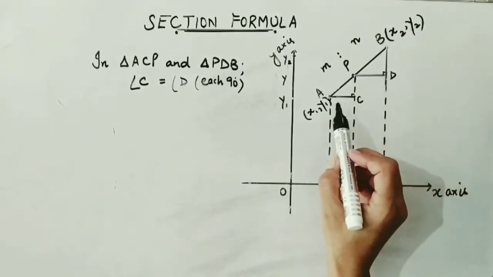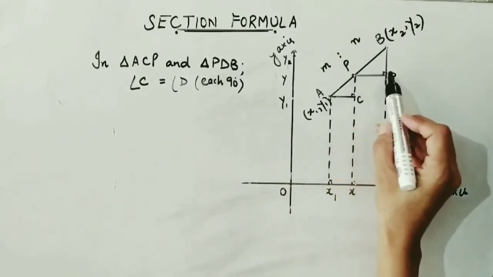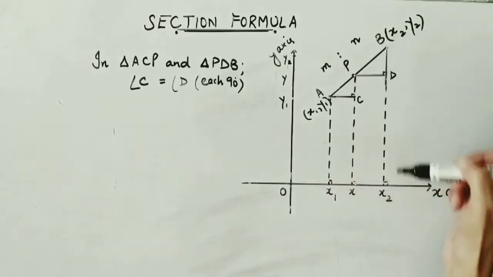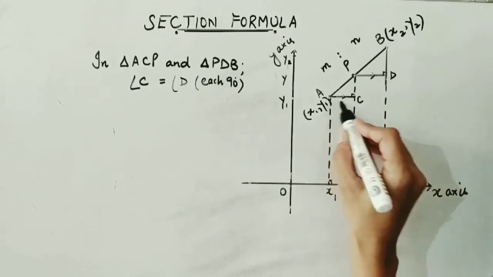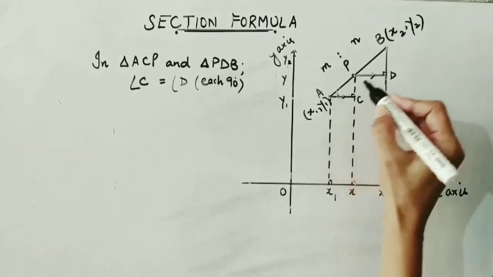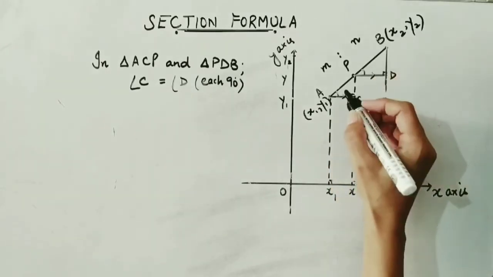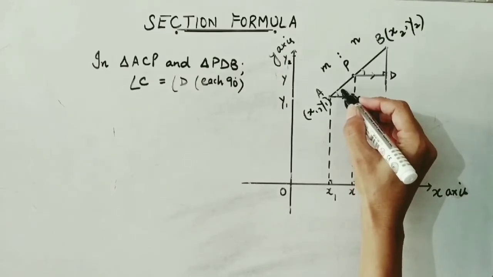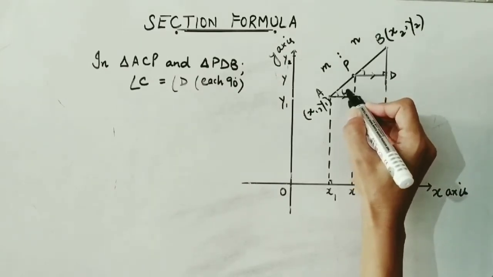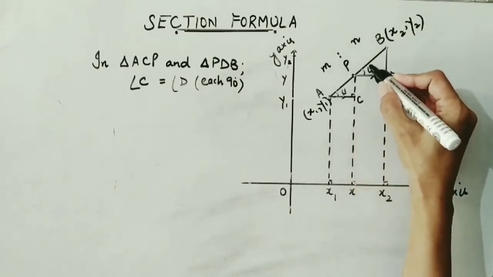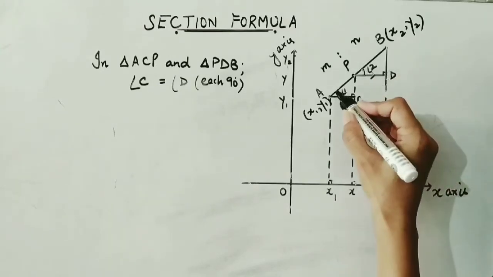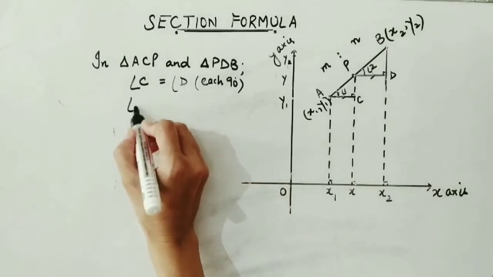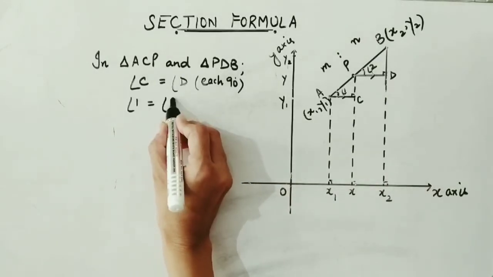And then look at this. 2 perpendiculars falling on another perpendicular are parallel. So these two are parallel. It means angles over here, let it be angle 1 and this is angle 2. Angle 2 and angle 1 are equal.